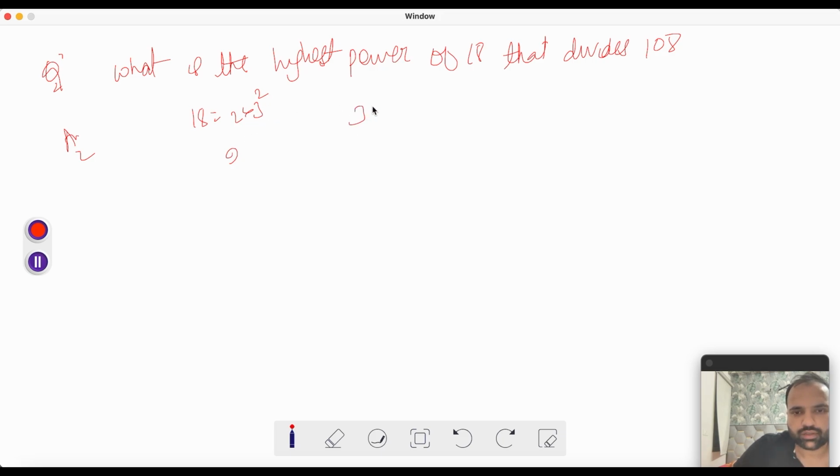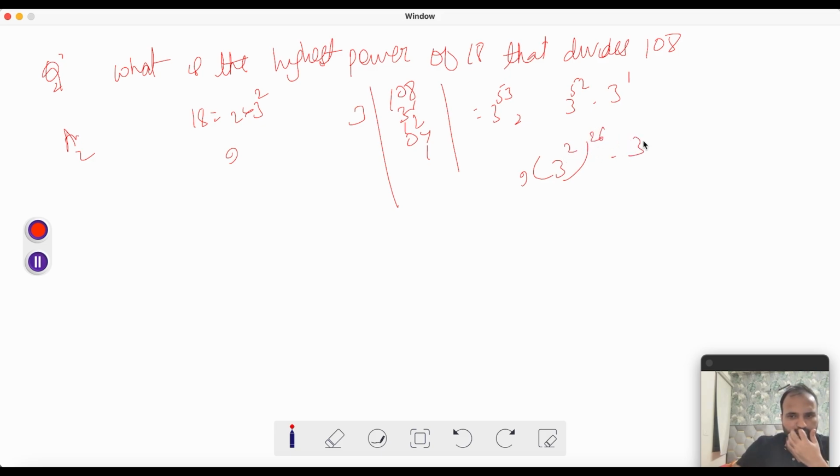So we'll start with 3 in 108: 36, 12, 4, 1, so 36, 12, 48, 53. So 3 to the power 53 we have. We can write this as 3 to the power 52 into 3 to the power 1, or 3 squared to the power 26 into 3.